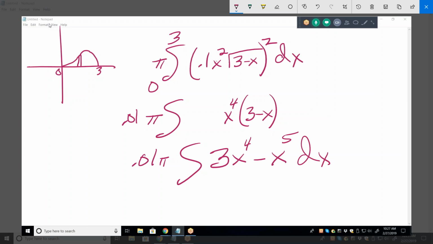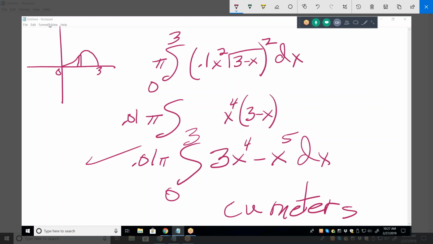Right. I'm not sure this problem is the easiest of the bunch. And the answer, they said, use units, cubic meters. Any volume is always cubic. So you know how to do the rest of this.